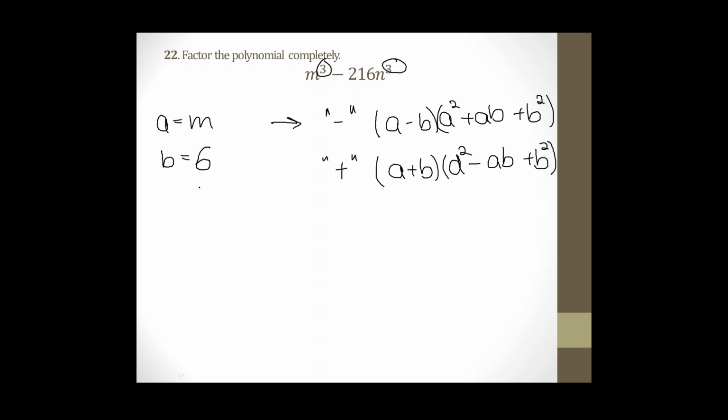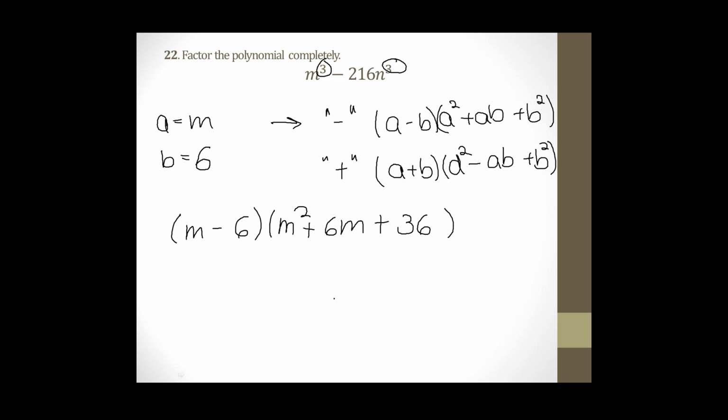All right, so now when we know A and B, we're basically just plugging into the formula, and that should be really quick. We got m minus 6, and then m squared plus AB, so m times 6, which is 6m, and then plus B squared, which is 6 times 6, so 36.